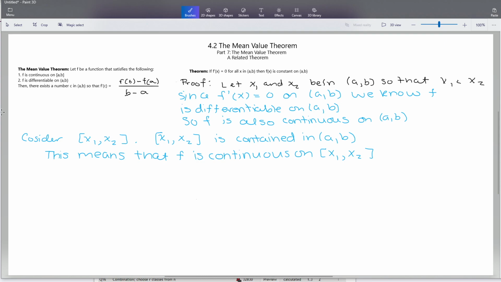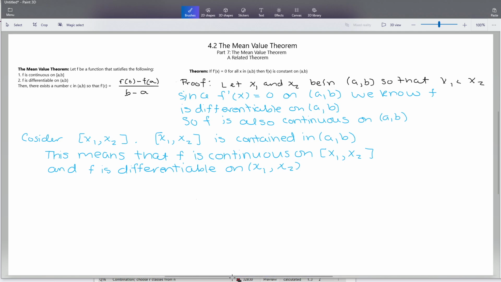These points, x1 and x2, they can't be A and B. So we don't have this issue with continuity at the endpoints. Okay, and f is differentiable on the open interval x1, x2. It is differentiable on the open interval AB, but it is more specifically differentiable on the open interval x1, x2.